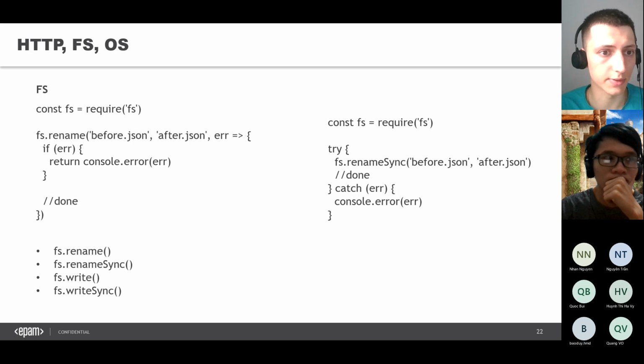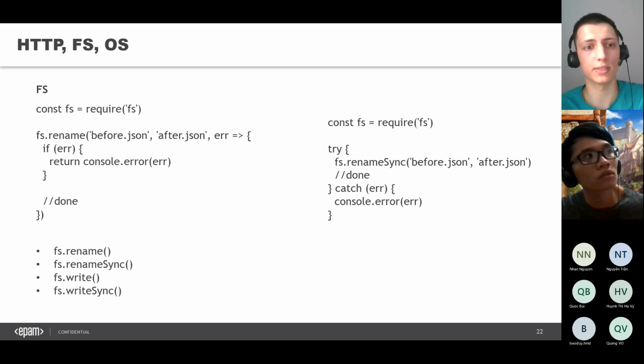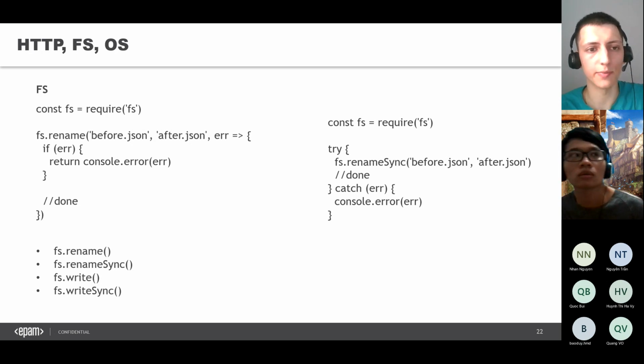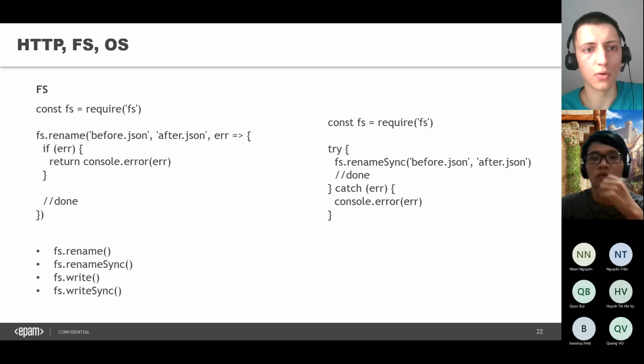For example, here we use the rename function and provide before.json, so you need to have the before.json file. After executing this code, this file will be renamed to after.json. As you can see, it's an old approach where we provide the callback as the last argument, and this callback will be called when the function is finished.